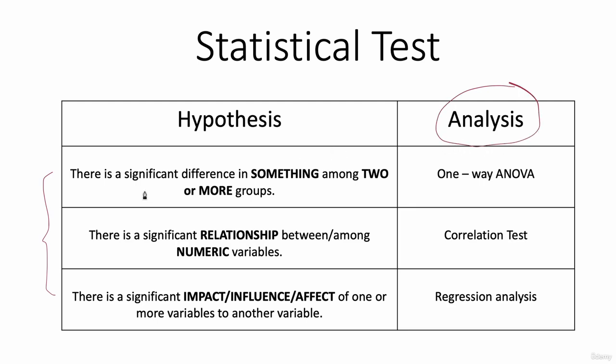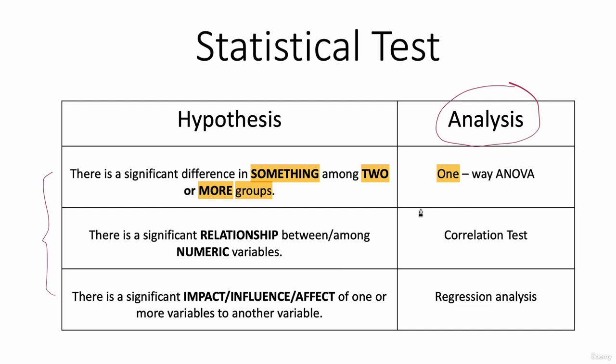You can see the first hypothesis where I say that there is a significant difference in something among two or more groups. So you are measuring the difference in something among two or more groups. In this sense, you have to use the one-way ANOVA.